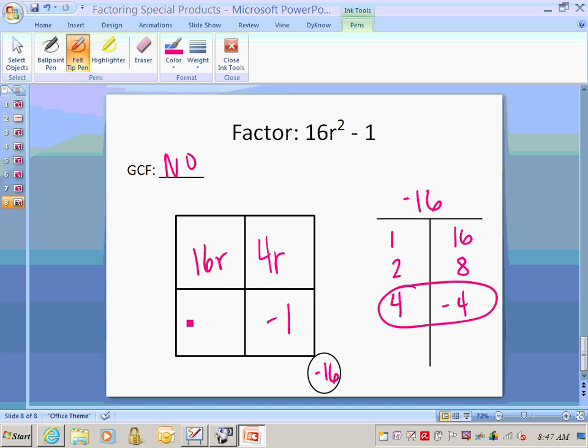So 4r, negative 4r. So I've got 4r plus 1 and 4r minus 1.